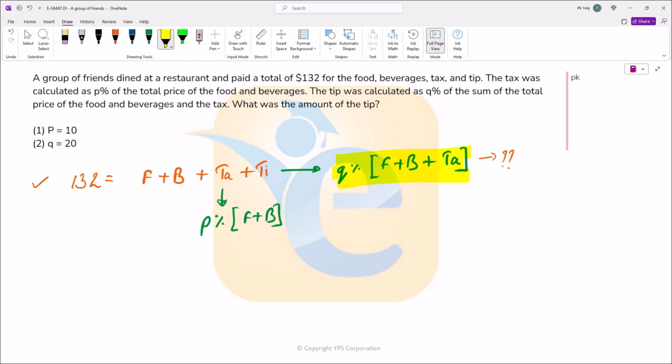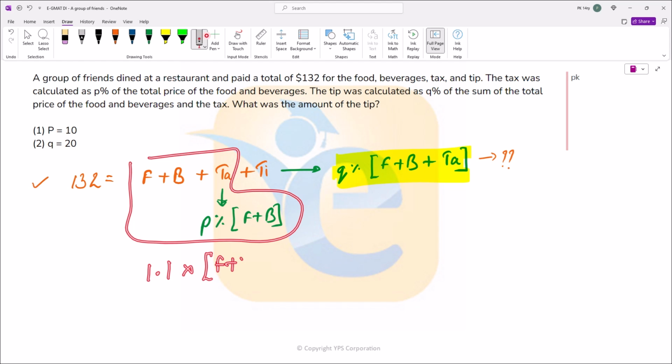So what do we know that can help us reach here? Say we have been given P is equal to 10%. If P is 10%, then this value would be 1.1 times food plus beverage.